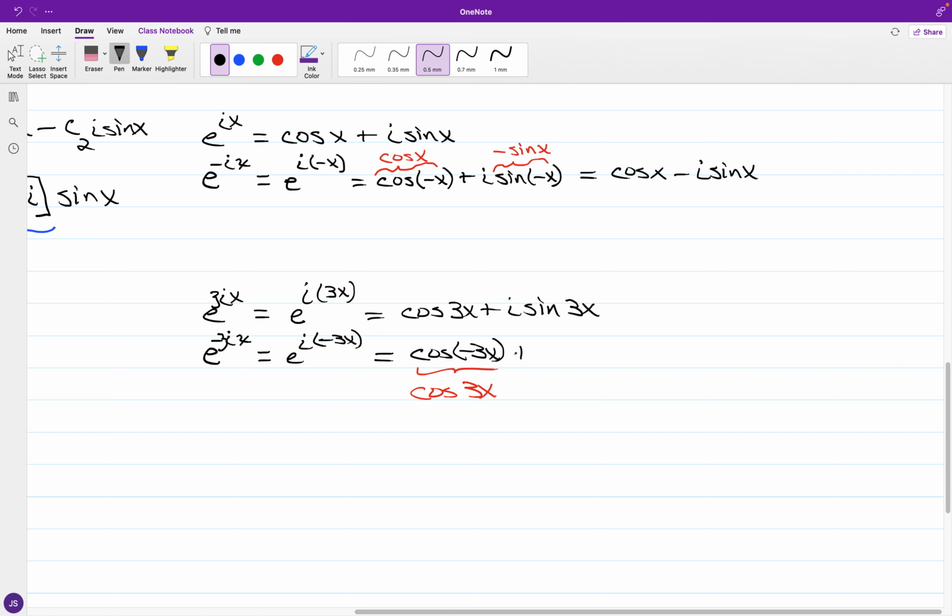Whereas with the sine of negative 3x, sine is an odd function, and additive inverse angles lead to additive inverse outputs. So we have the negative of the sine of 3x, and this will come out to the cosine of 3x minus i times the sine of 3x.